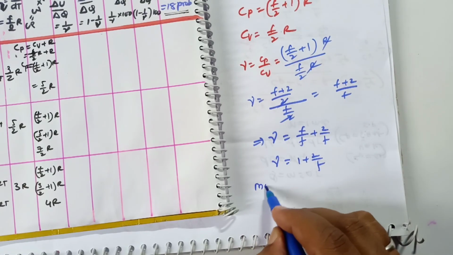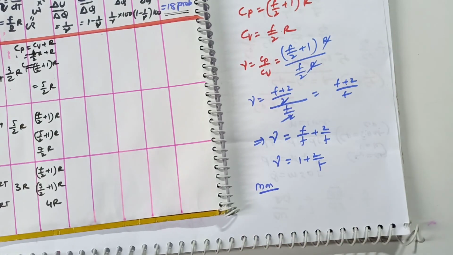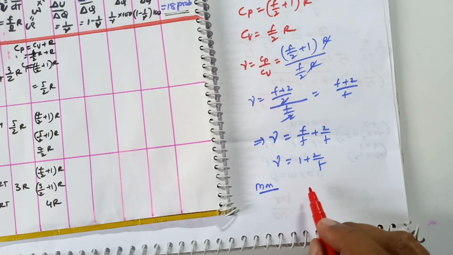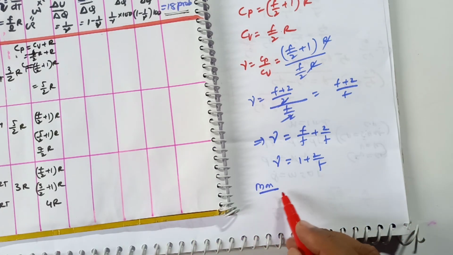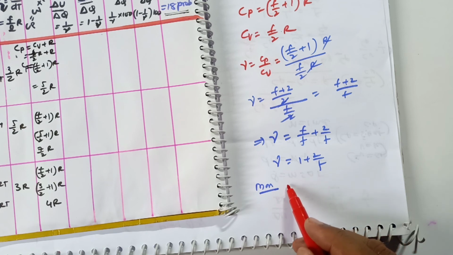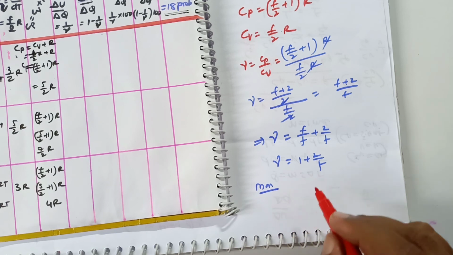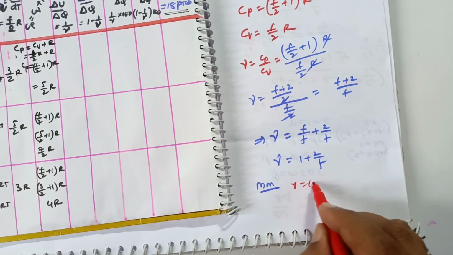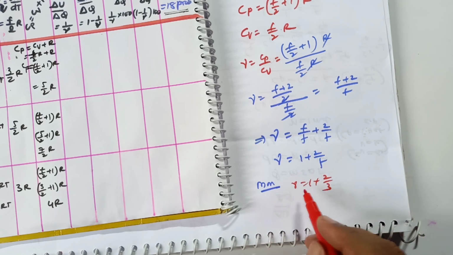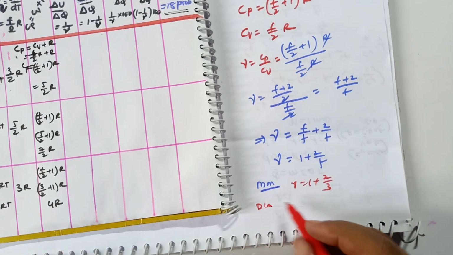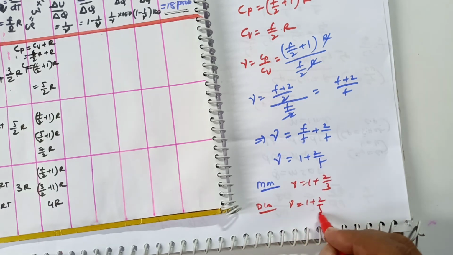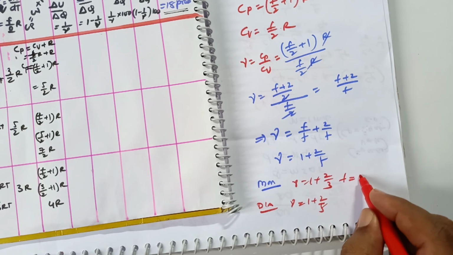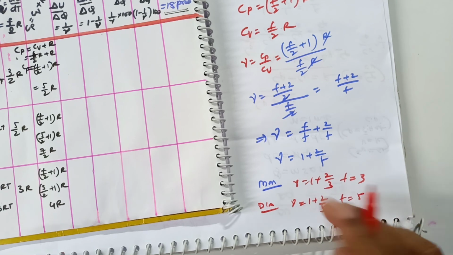So if it is a monoatomic molecule, what happens? And if it is a diatomic molecule, what happens? Just now in the problem I discussed the values here. If you want, you can go through that problem also. So gamma is equal to 1 plus 2 by 3 for a monoatomic molecule. For a diatomic molecule, gamma is going to become 1 plus 2 by 5, because for the monoatomic the degree of freedom is 3, here the degree of freedom is 5.